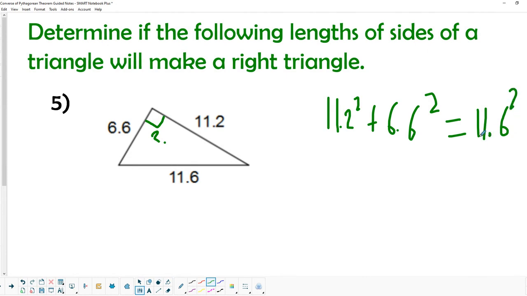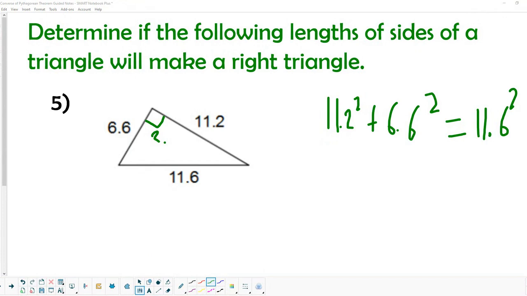And just looking at this, I can tell that this number is nearly as big as this one, and we're adding to it another number, 6.6 squared. So I'm pretty sure this isn't a right triangle, just based on how big these numbers are. But we'll try it.